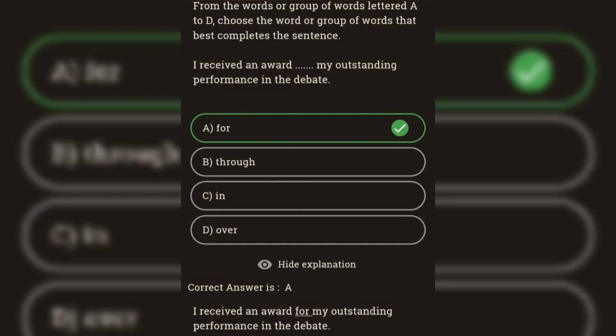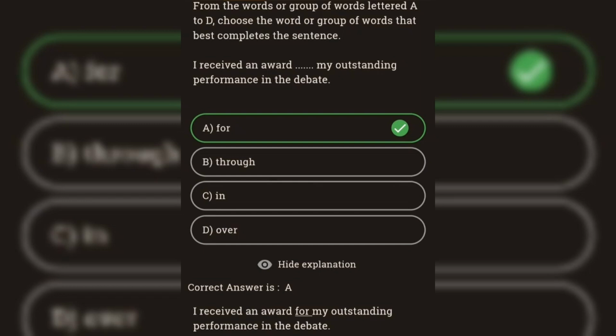The award is like a reward for the speaker's outstanding performance. So when you're giving a reward, you give it for something that was done. You don't give it through, in, or over, but for. It's a compensation, a reward given as a result of an action that was initially performed. And that is why for is the right answer to give.